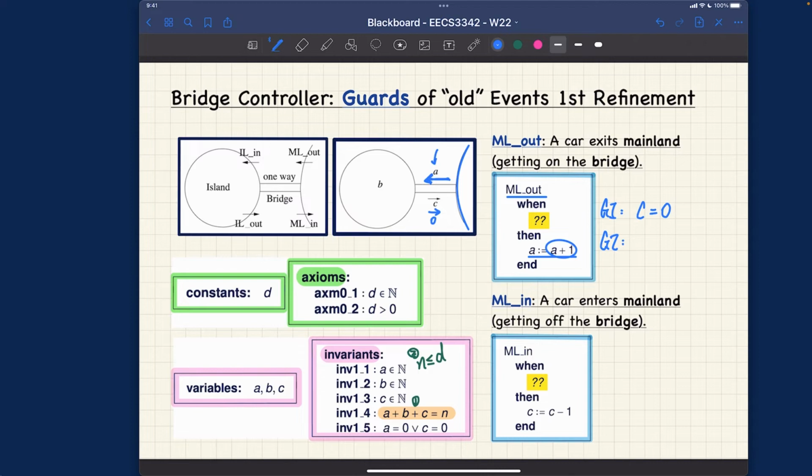We know that A plus B plus C is equal to N. Over here, the traffic from the island to the mainland should be 0, so C is equal to 0. And we also want to make sure they are upper bounded, so N should be less than or equal to D. These are the 3 equations relevant for working out exactly what the second guard should be. Can you infer it from here? Let's try.